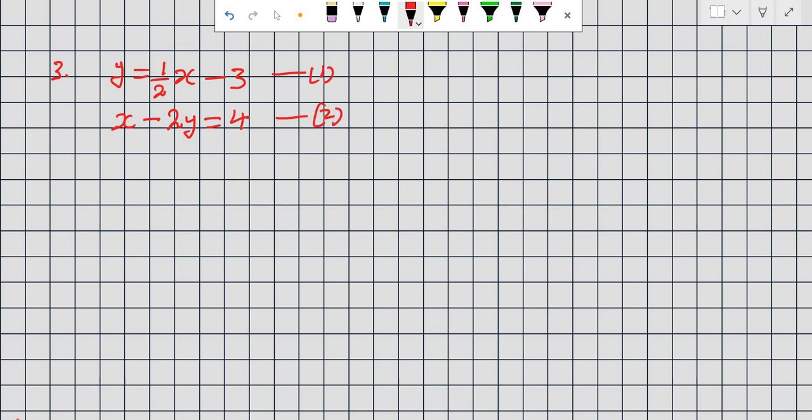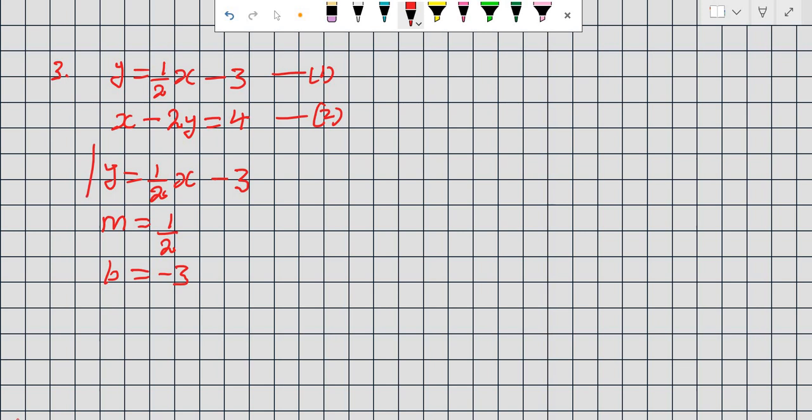Looking at equation 1, it's already in the slope-intercept form, y is equal to 1/2 x minus 3, and the slope m is equal to 1/2, and b, which is the y-intercept, is -3.